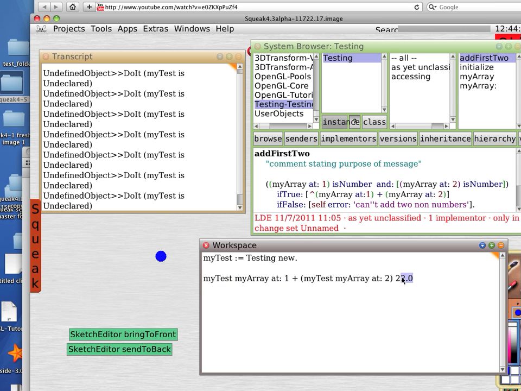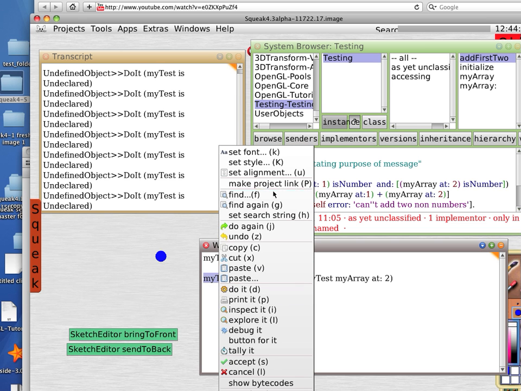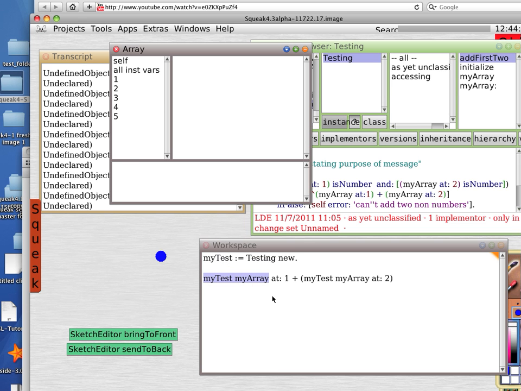So sure enough, let's test that. Let's just inspect my test array. My array at 1 is 1, at 2 is 2, my array at 3 is 3.